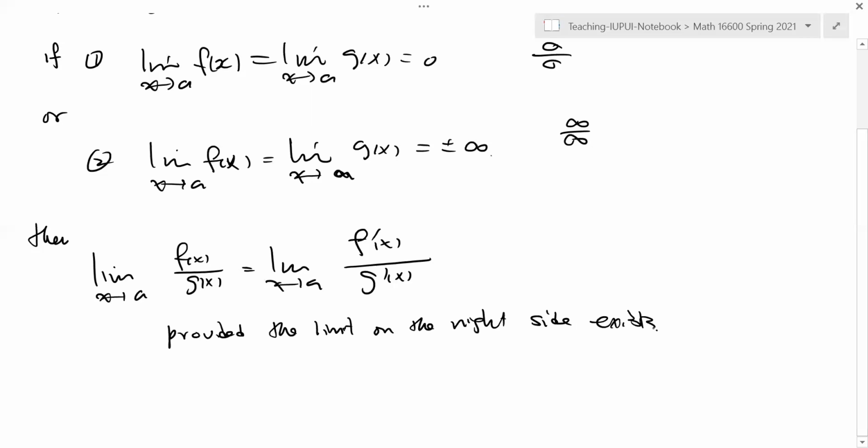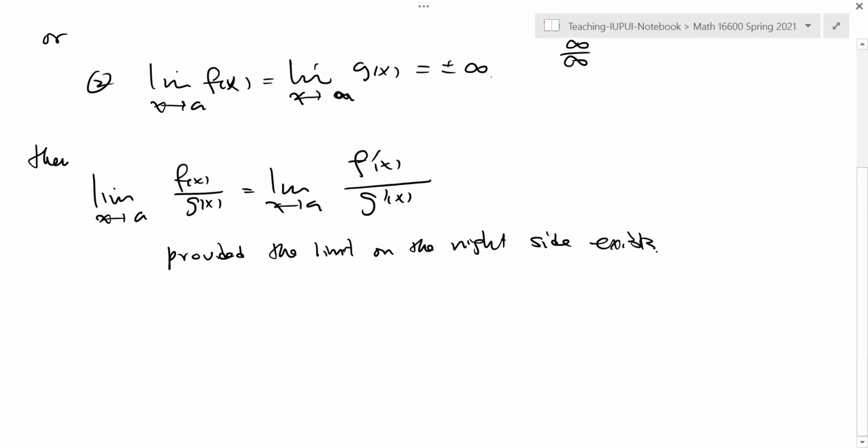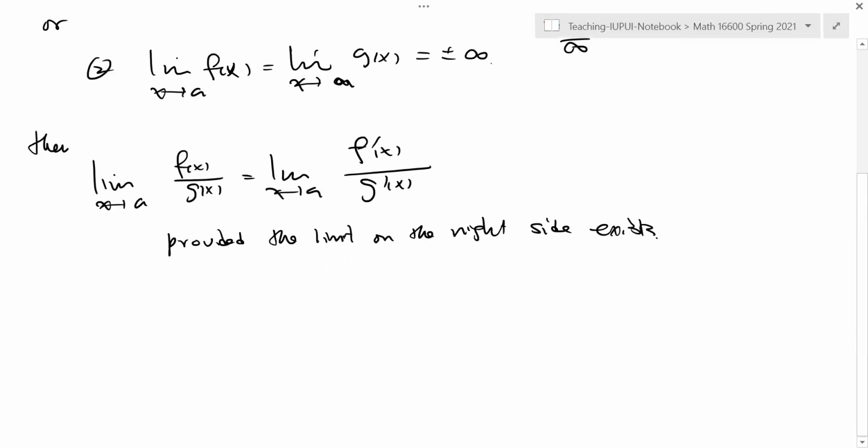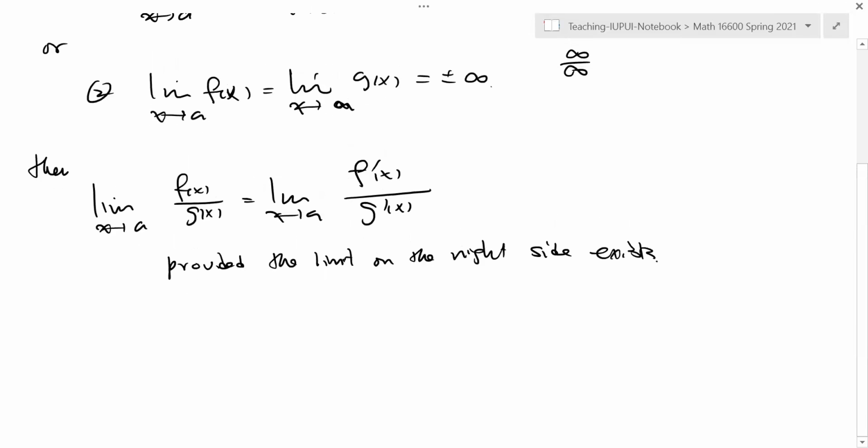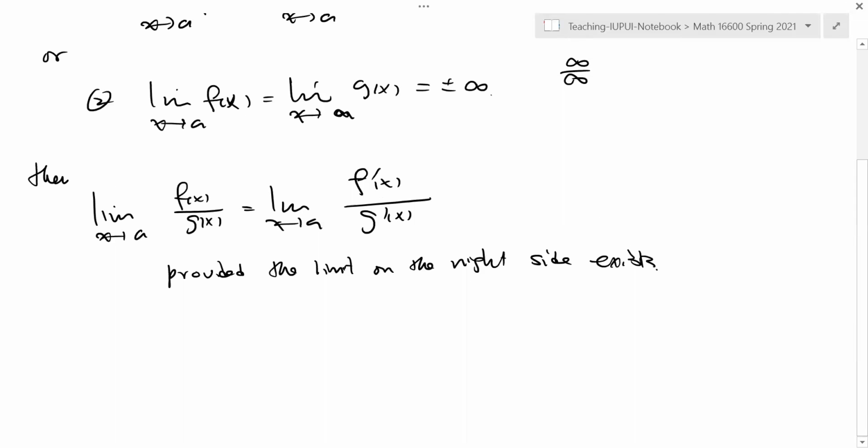Okay, the proof is not trivial. But this is a very useful method to find the limit, to simplify the functions. When you differentiate, you simplify the function.